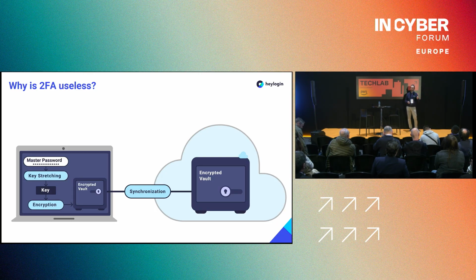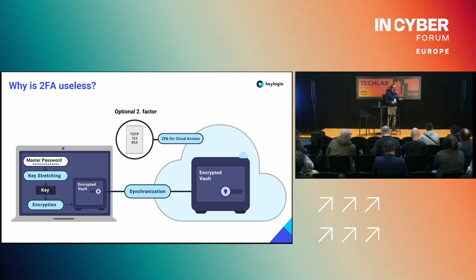You can use a TOTP code, for example a 6-digit code you need to type in, or you can set up a passkey for authentication. And typically, at least until 1 to 2 years ago, these two-factor authentication techniques were always just an authentication to the provider's cloud. It's just an authentication mechanism to log into the provider cloud. It's not part of the end-to-end encryption process.